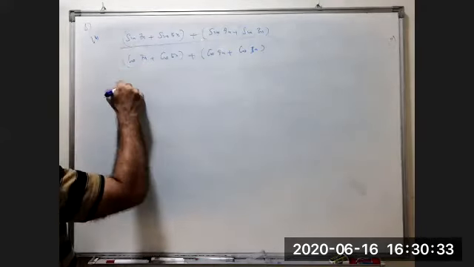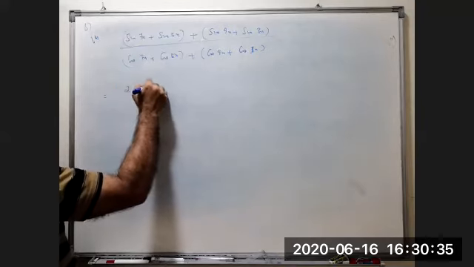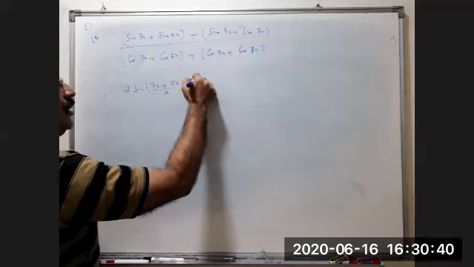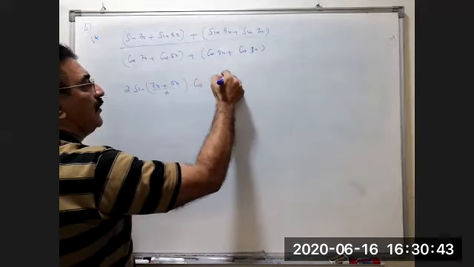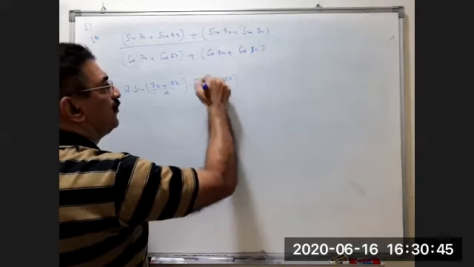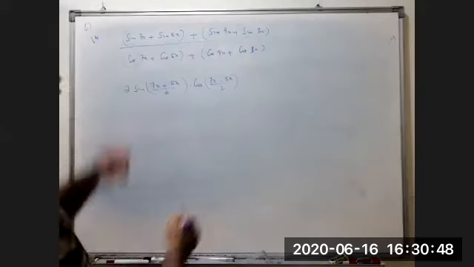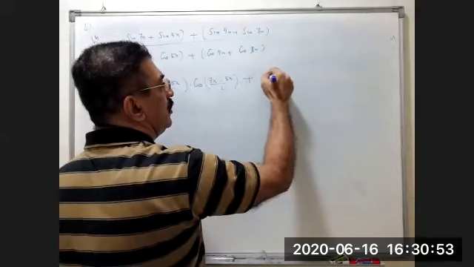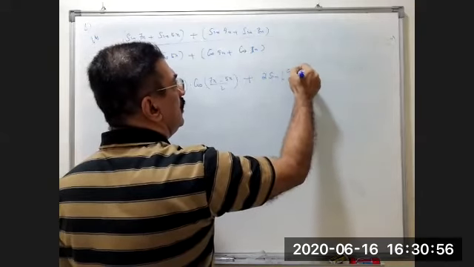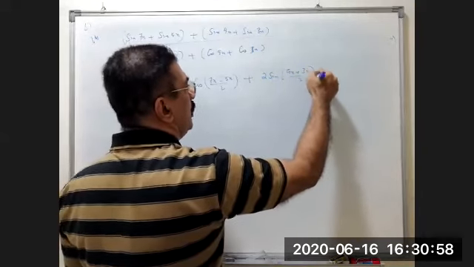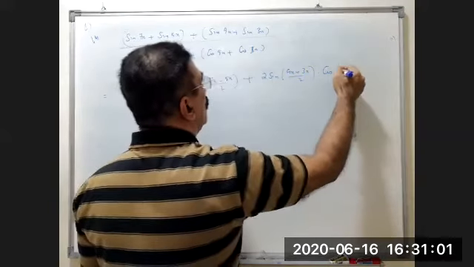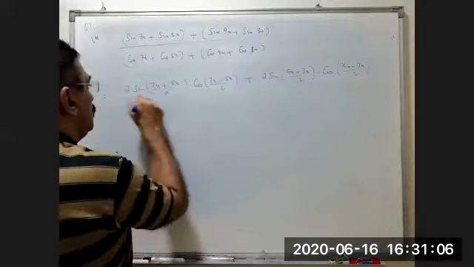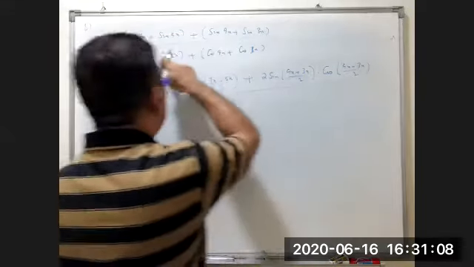This is LHS. I will simplify the numerator. Sin x plus sin y: 2 sin of (7x plus 5x) by 2 into cos of (7x minus 5x) by 2. Plus here again sin x plus sin y: 2 sin of (9x plus 3x) by 2 into cos of (9x minus 3x) by 2, divided by the denominator.